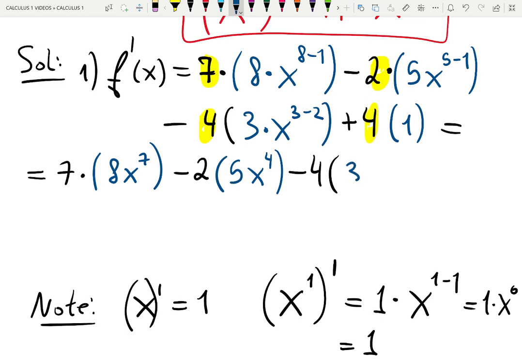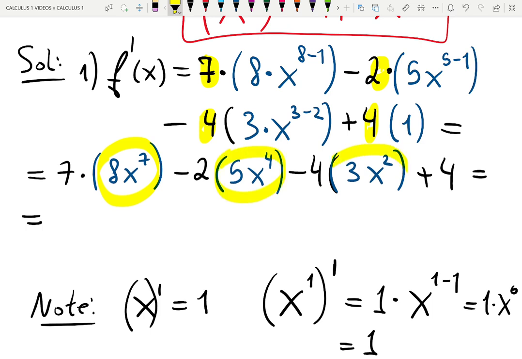X to the 3 is now 3x to the 2. And you can see the pattern here. And then plus 4 is multiplied by 1. I wanted you to see the general pattern of the power rule. Be careful when you differentiate powers like 1/2 or negative 3/2, you have to carefully calculate a new fraction.